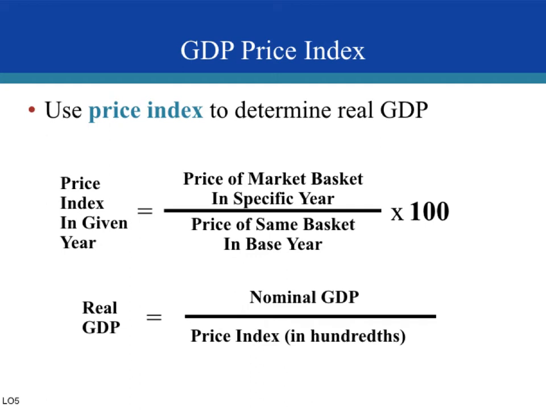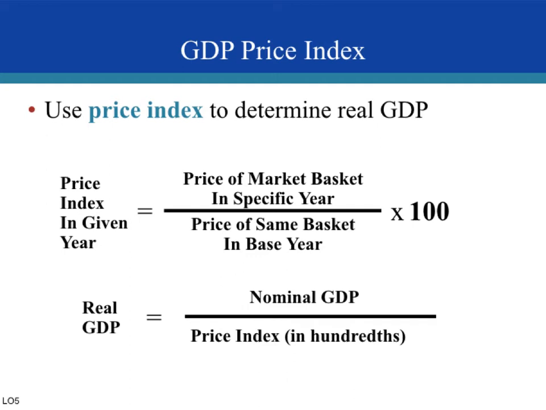Why do we use a price index? It's much easier to simplify big numbers in the trillions to just smaller numbers, and that way we can play with them a little more. So the price index will be the price of a market basket in a specific year, divided by the price of the same basket in a base year, times 100. Real GDP is going to be nominal GDP divided by the price index.